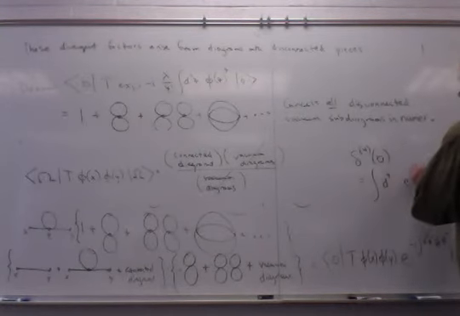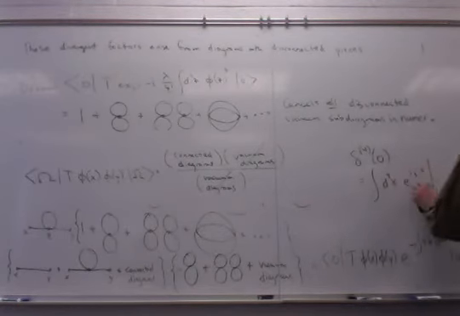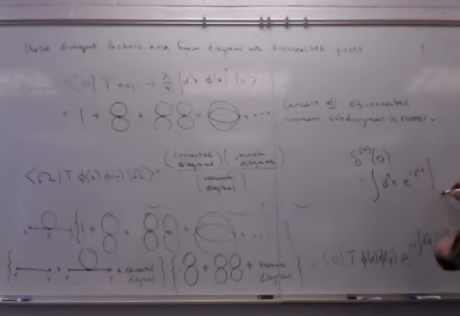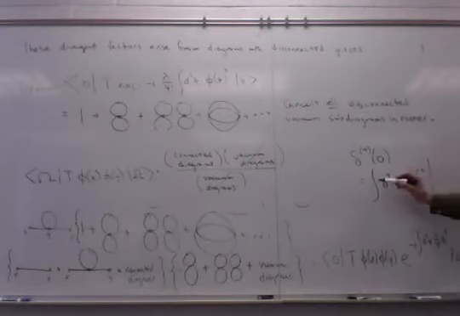I'm going to write it as a position space delta function, but it doesn't really matter. When p equals 0, you can see this just gives you a factor of the volume of space-time.